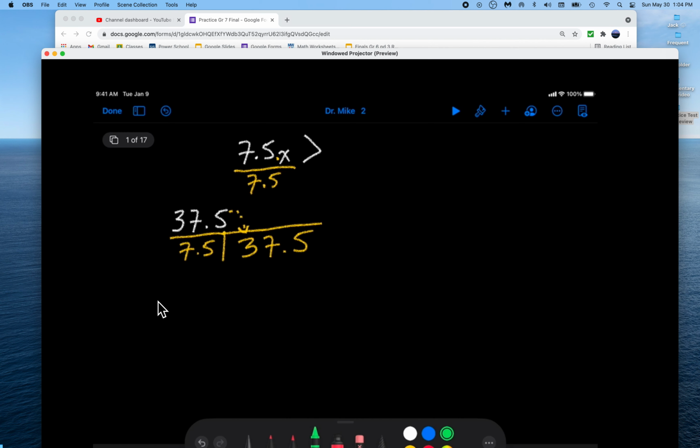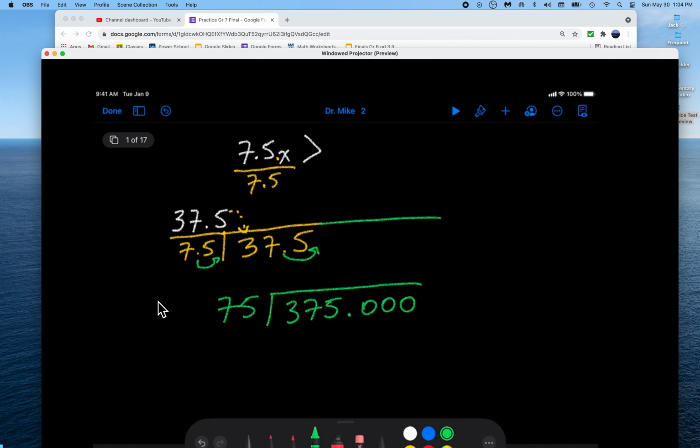This is review, I'm sure, for most, if not all of you. And because we move it to the right once there, we move it to the right once here. Okay, so our new shoebox becomes 75 on the outside and 375.000. That's how I like to set up my shoebox.